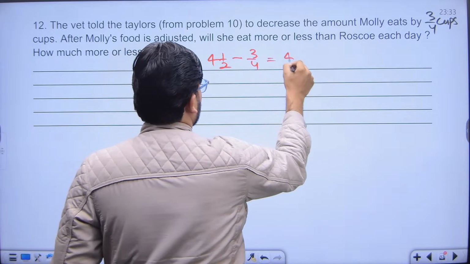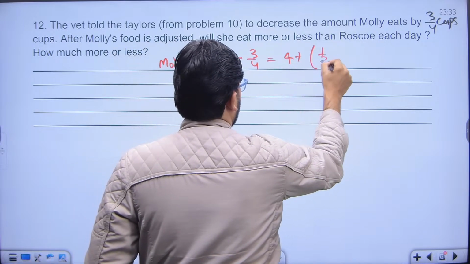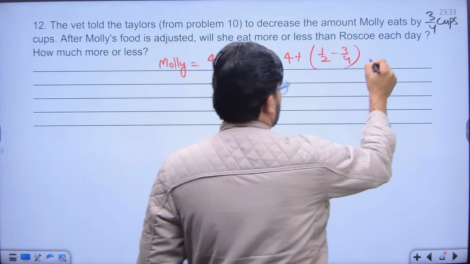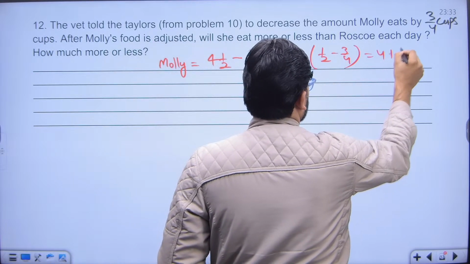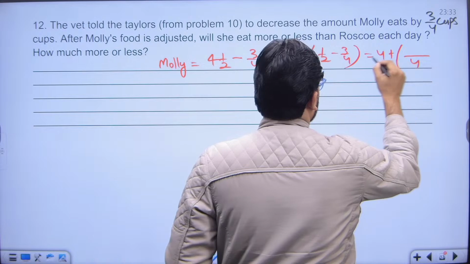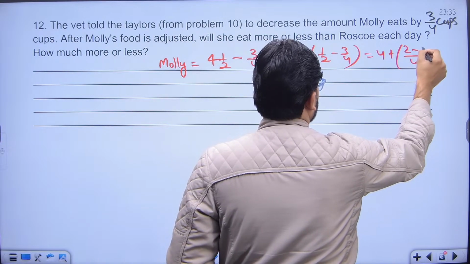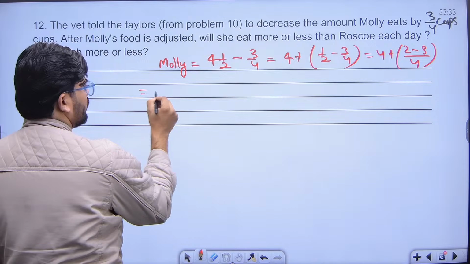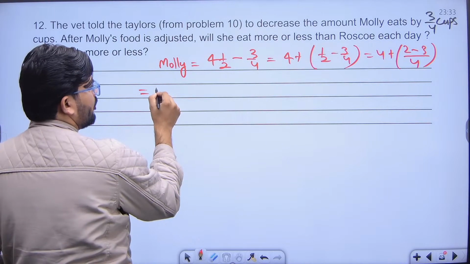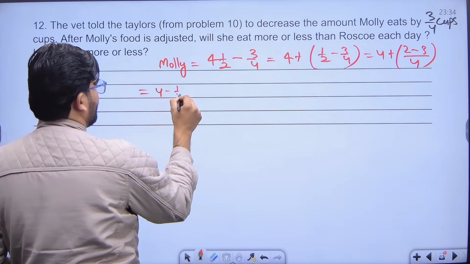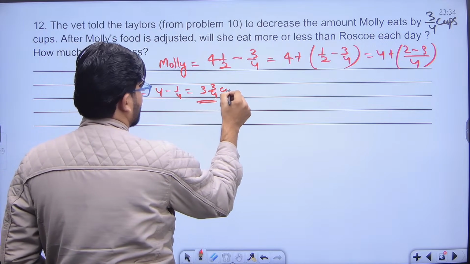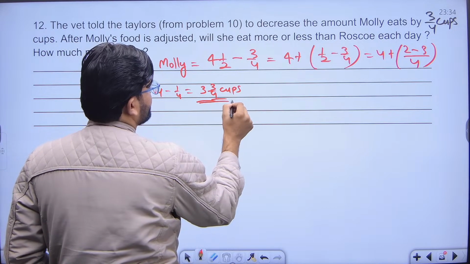That means 4 plus 1/2 minus 3/4. So that means it is going to be 4 plus, LCM is 4, 2 into 2 minus 3. So you will have 4 minus 1/4, which is equal to 3 3/4 cups. So this is the answer for the first one.